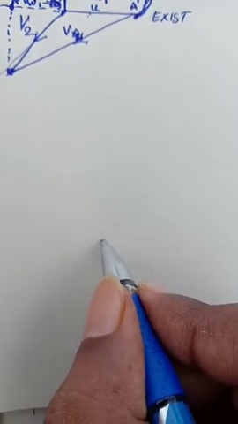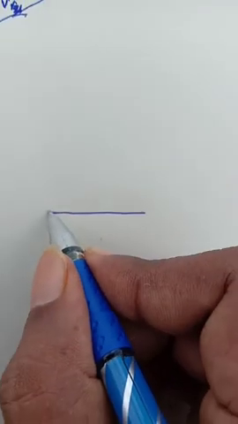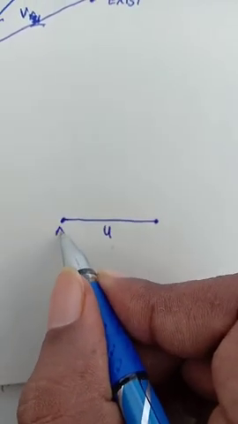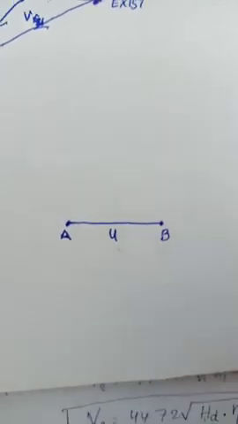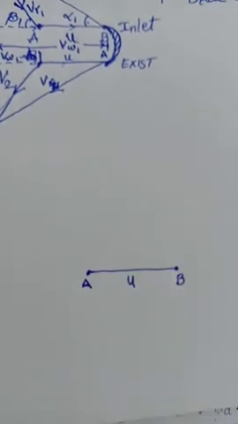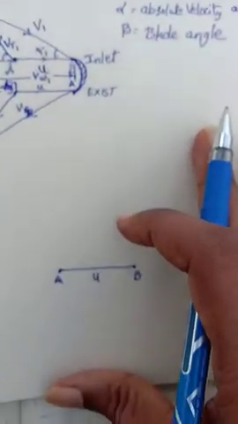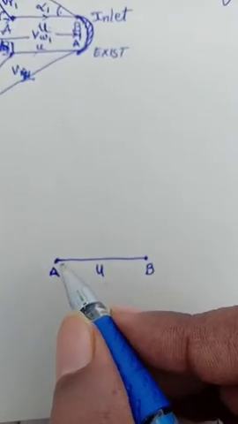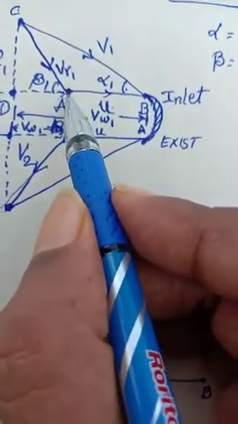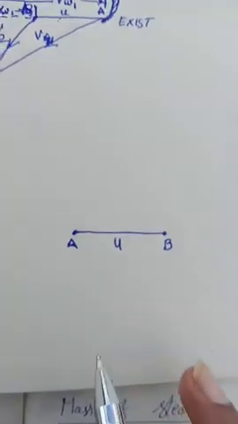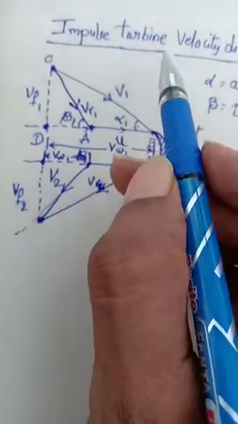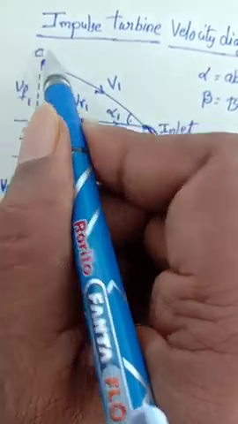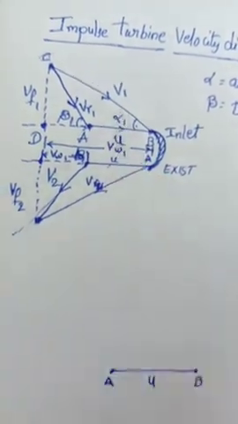Okay, now commonly I take here blade velocity U, A, B. Okay, so now here we take A, B. This is A, this is B, velocity U. Okay, now come to the point here, B to C, that is coming from V1.